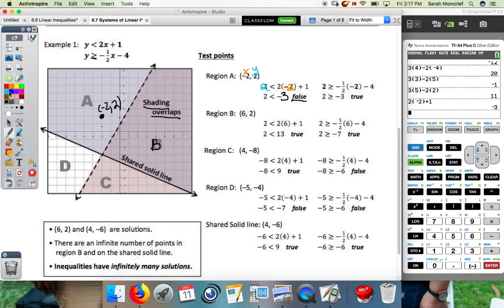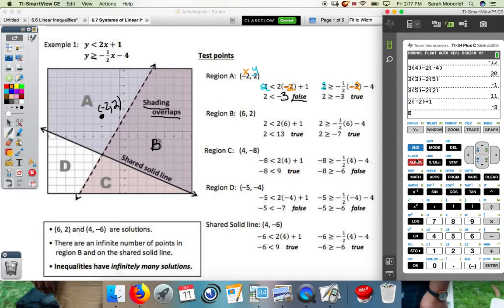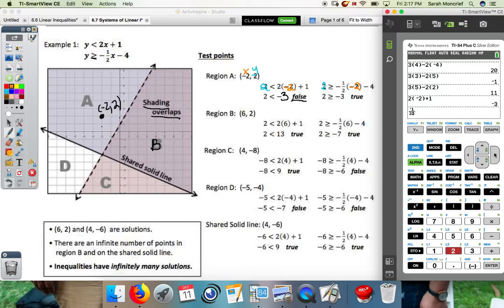So we have 2 for y again, and negative 2 for x. Let's plug it in to make sure we got the answer right here. So we have y equals negative 1 over 2 times negative 2 minus 4.